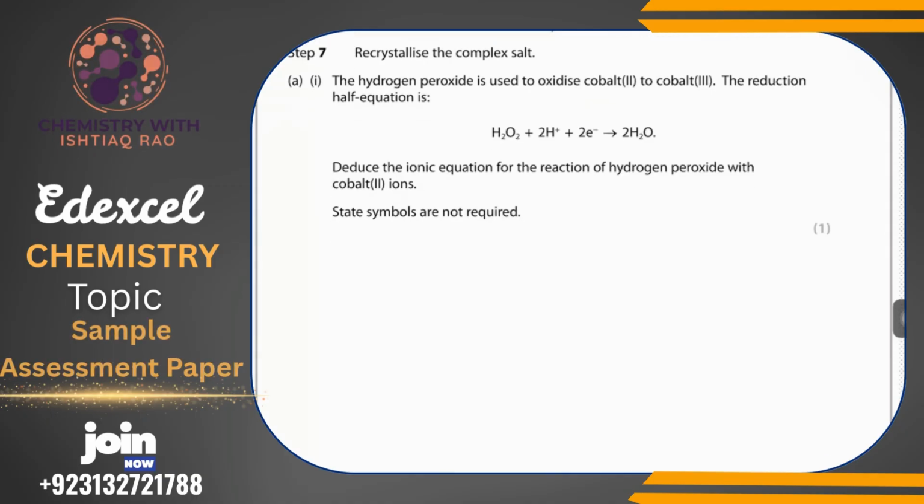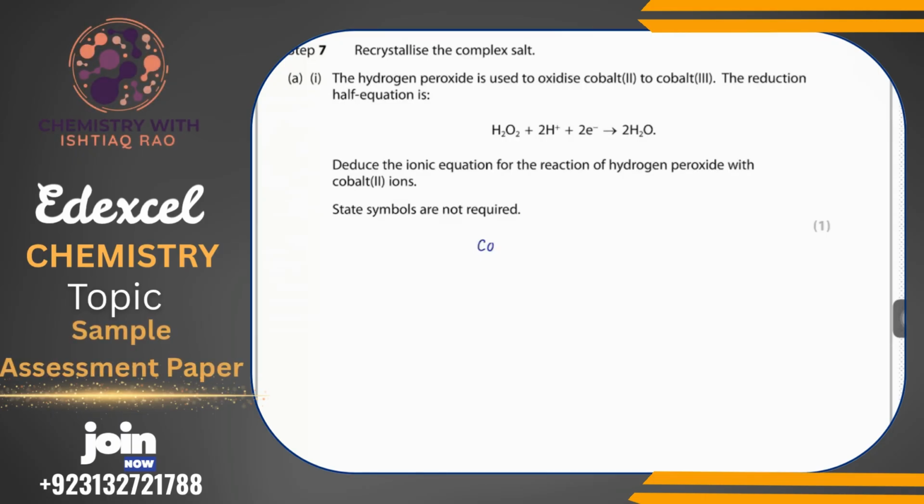First of all, it would be Co2+ giving Co3+, and then this is the equation: H2O2 plus 2H+ plus 2e- gives us 2H2O. It would be one electron for cobalt, isn't it? Because we have to balance the charge. Yes.